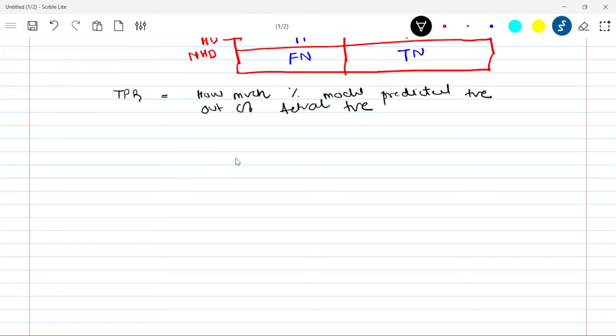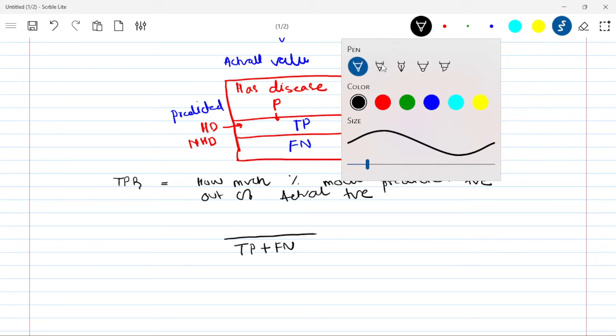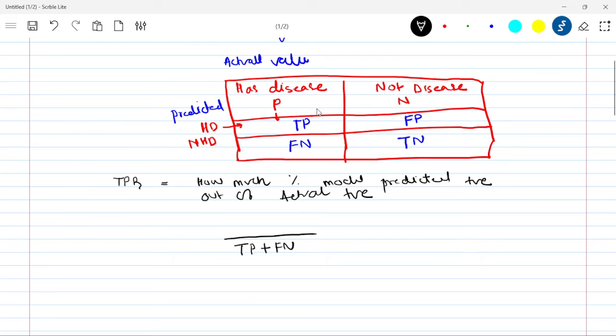We know from the above table that actual positive is the combination of true positive plus false negative. If you look at this diagram, these are the actual ones who have the disease.